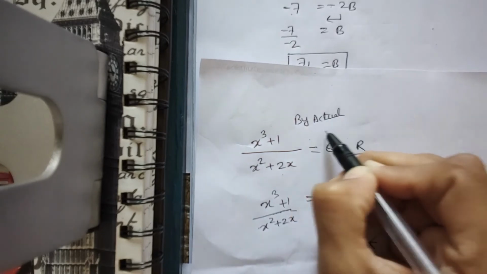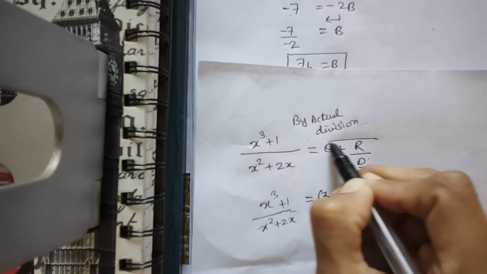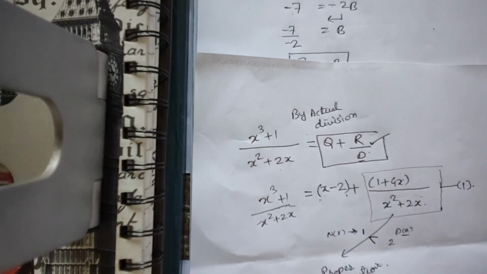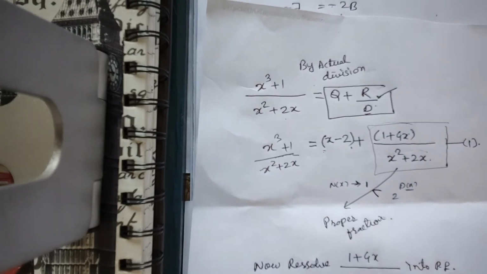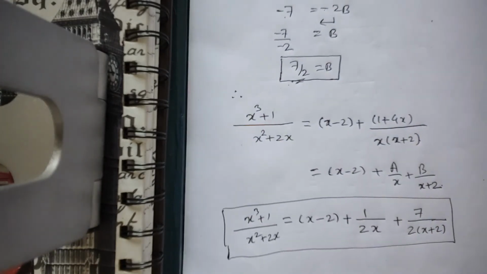We perform division and write the fraction in the form quotient plus remainder upon divisor, and this converts the improper fraction into a proper fraction. Then by using any case that we discussed in the previous lecture, we get the partial fractions. I hope you understand the procedure.